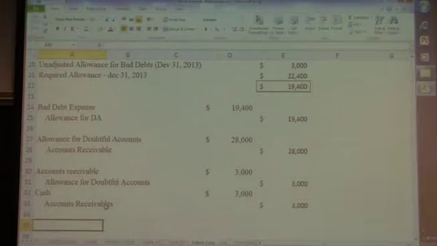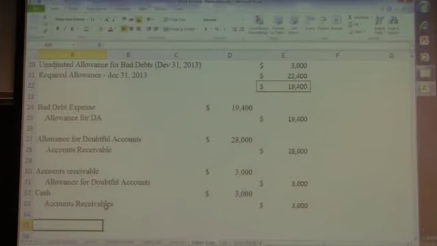Then they ask you to prepare the adjusting entry related to the bad debt on December 31st, 2014. To do that, the first thing you need to do is figure out what the adjusting entry is at the end of the period, and what are the things I need to work out.